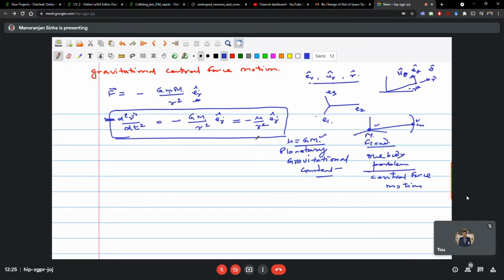Again, this can be treated in many ways, but the first one we need to learn is assuming R equal to R times ER cap. And once we differentiate this, it gets reduced to R dot times ER cap plus R times ER cap dot.